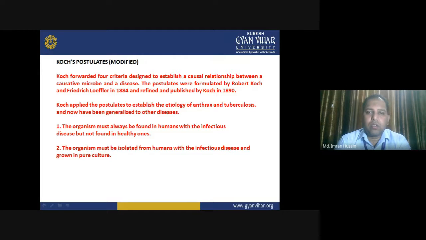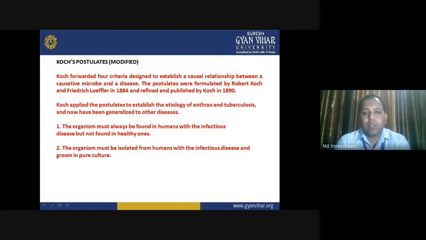Okay. So, the postulates were formulated by Robert Koch and Friedrich Loeffler in 1884 and redefined and published by Koch in 1890.